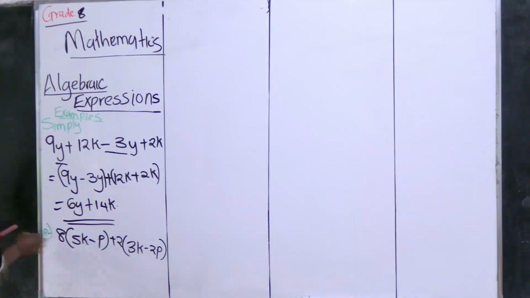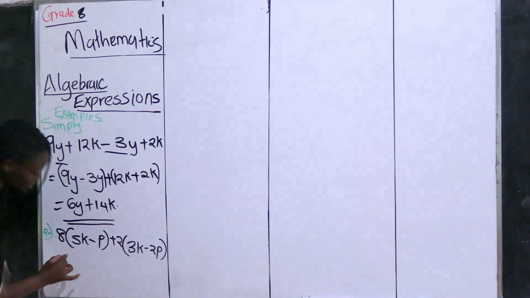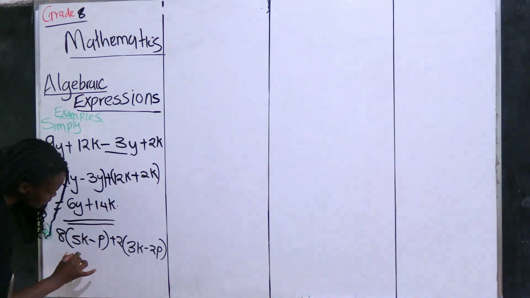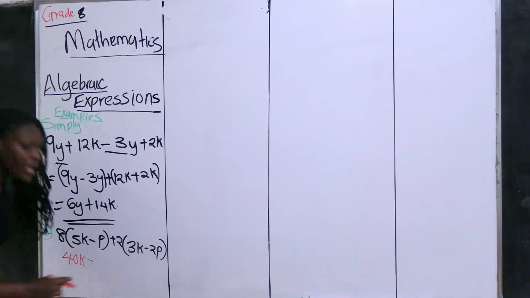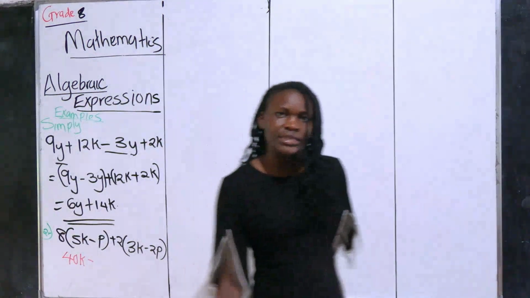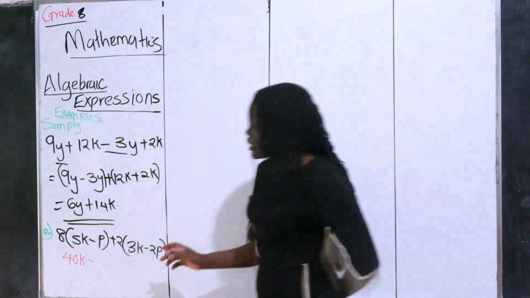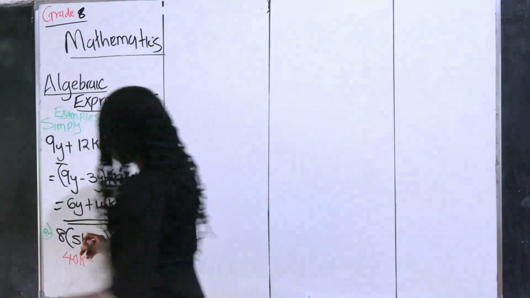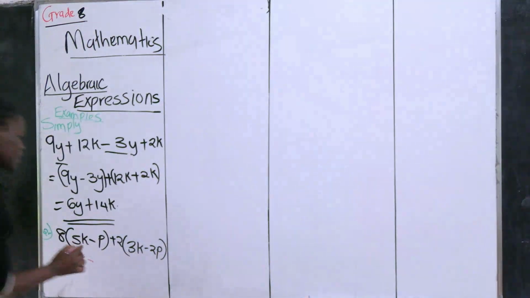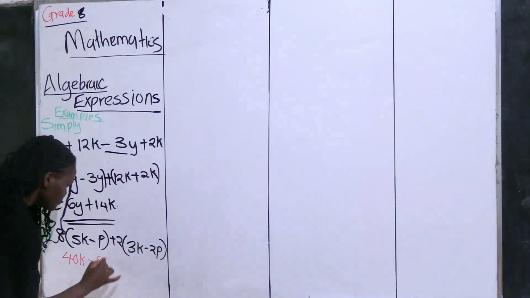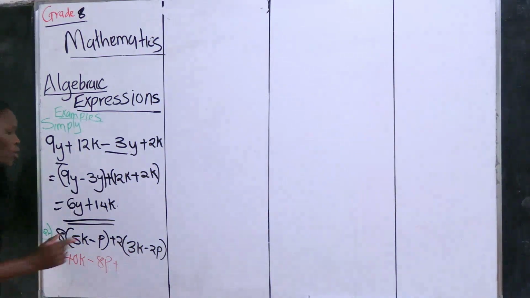So we have 8 multiplied by 5k will give me what? 40k minus 8p. Plus 2.